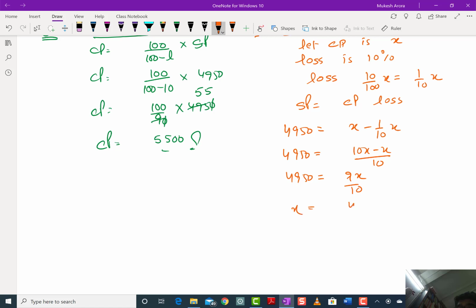X is equal to 4950 into 10 by 9. X is equal to 5500.